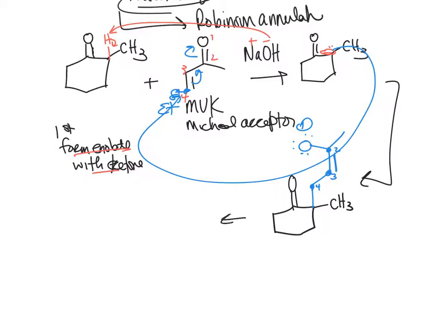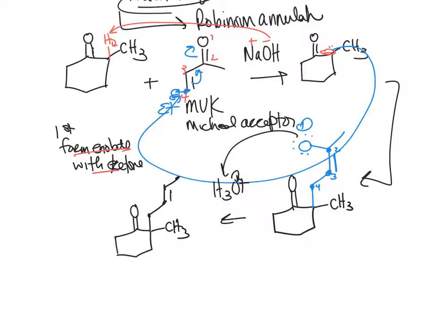And then, of course, that gets protonated to form an enolate. 4, 3, 2, 1, OH, and then we tautomerize, and so when you add this together in base, this is the first thing that happens.